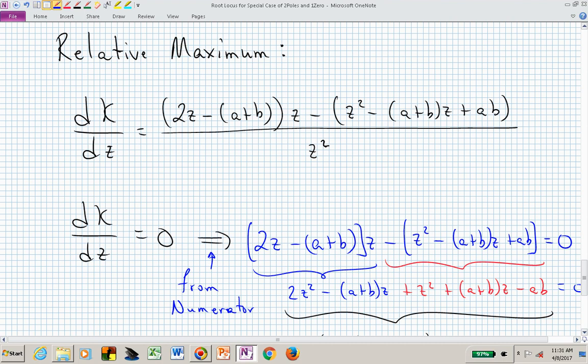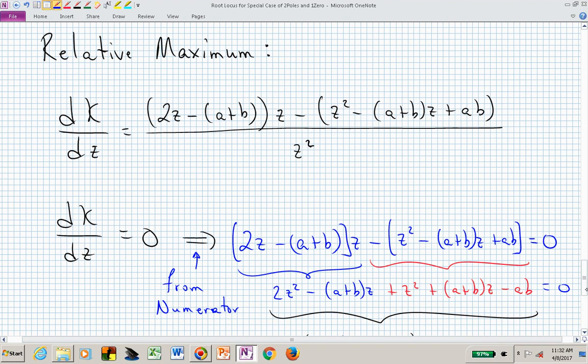So we now have 2Z minus the quantity A plus B, all of that times Z. That's our first piece, where under the curly bracket, I've distributed that Z through. I have 2Z squared minus the quantity A plus B times Z. I've now distributed that negative sign in the second bracketed term, and I have plus Z squared plus the quantity A plus B times Z minus AB, and all of that again is equal to 0.